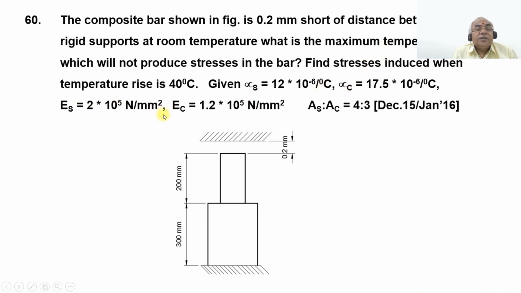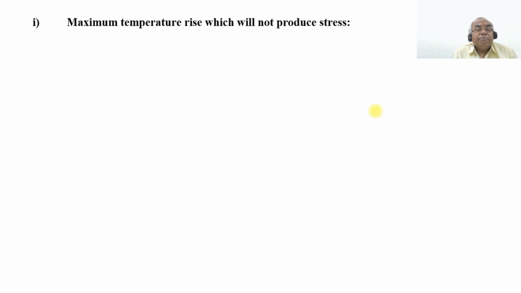Here we have 200 mm and here 300 mm, and you have a 0.2 mm difference. We have the area of cross section A_S to A_C equal to 4 into 3.